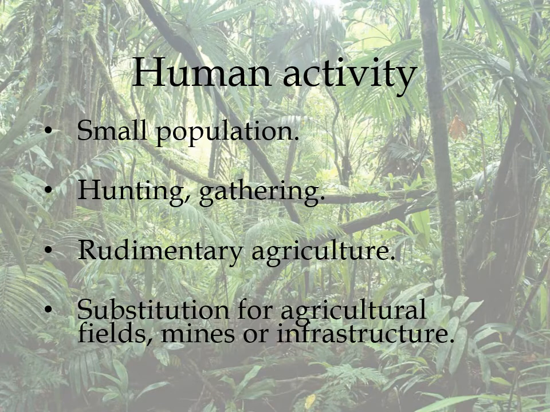Or in some cases, they can have this rudimentary agriculture using, for example, crop rotation, so changing the crops, or putting fire to some part of the forest, burning it and then cultivating on it. But the modern world has influenced them, and many of these parts are substituted by agricultural fields, mines, or infrastructure.